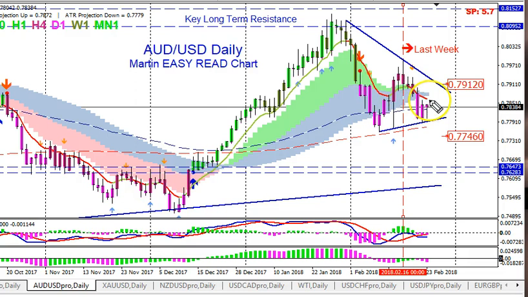The 8 EMA is right now holding as a resistance. So we need a candle to break above there, and then we want to see a break above 0.7912. Obviously if price breaks above here, it will retest this previous high right over there. Okay, so let's take that off, and let's go on to the next chart.